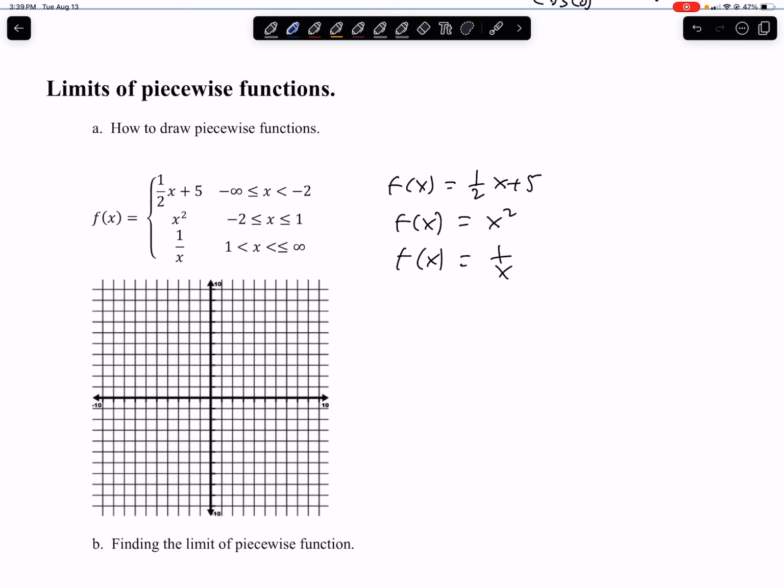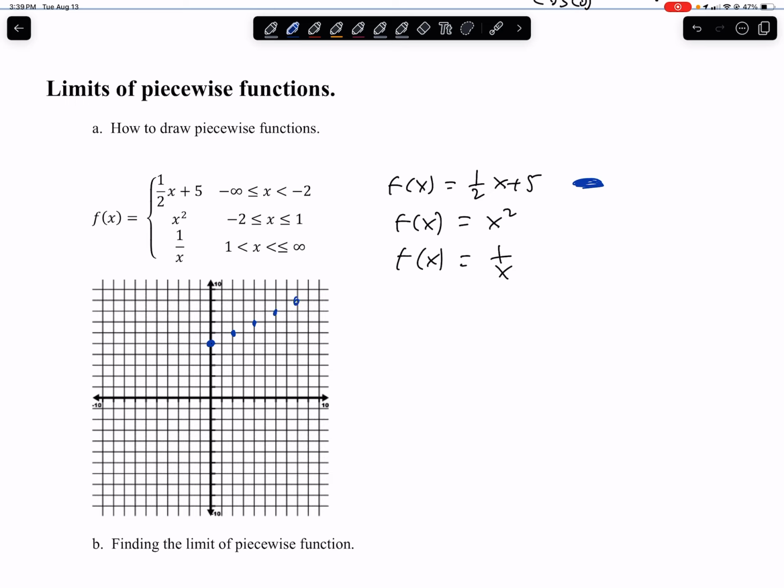The first one I'll do in blue. It's a line with a y-intercept of 5. So at 5, I'm going to put a dot. It goes to that point. The slope is 1/2, so I'm going to plot some points. It's a rise of 1, run of 2, rise of 1, run of 2.